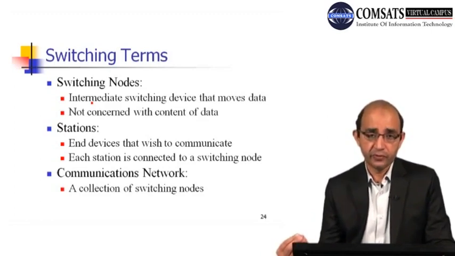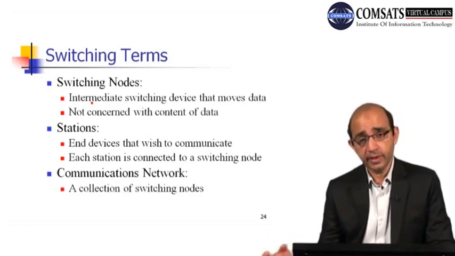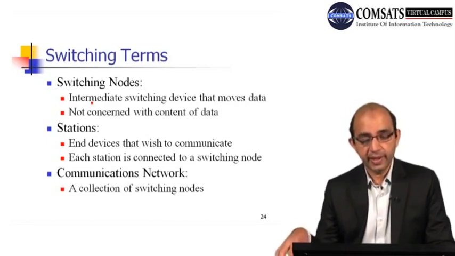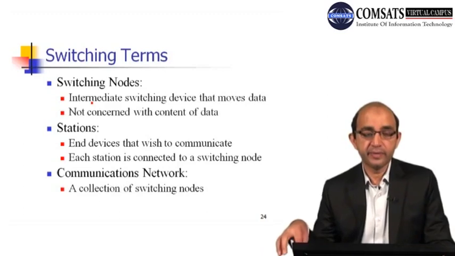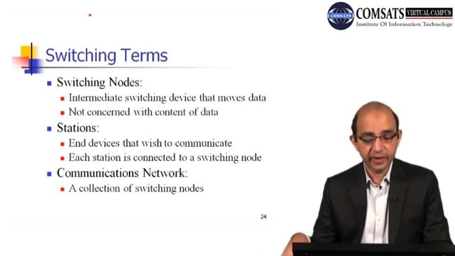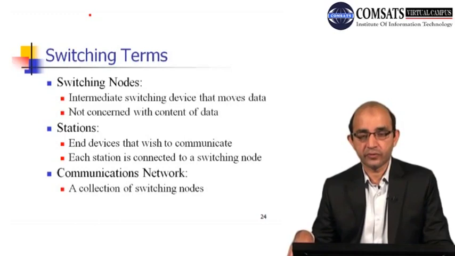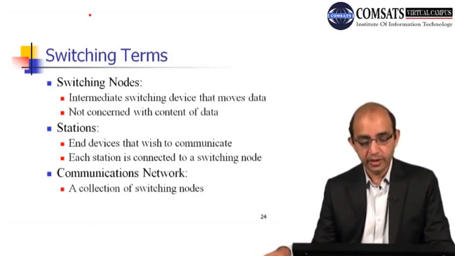First of all, we need to define a switching node, right? Within our network infrastructure, the switching node is a device, or you can say an intermediate device, that moves data from one node to another node, or maybe from one point to another point.